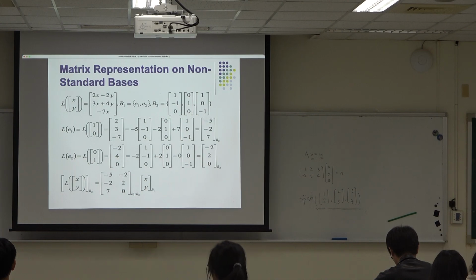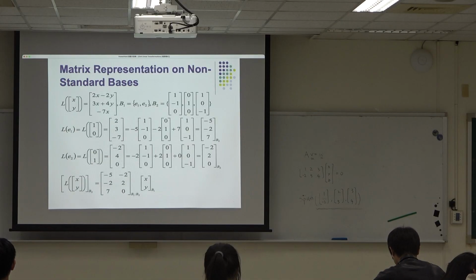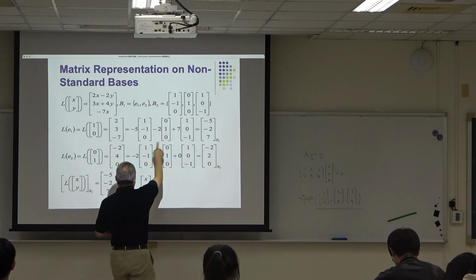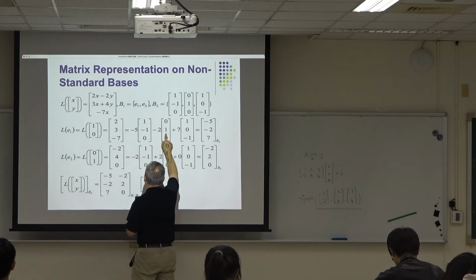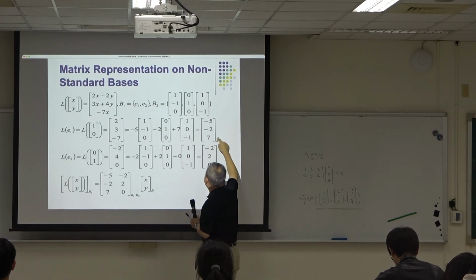I will not get into detail, but you can verify that easily. Okay, you plug in E1, you get 2, 3, -7, which is the same. But originally, we represented this as the standard basis for the 3-dimensional space. Now we represent this as a linear combination of this basis. So it's -5 of this one, -2 of this one, plus 7 of this one. So it's -5, -2, and 7 in B2.